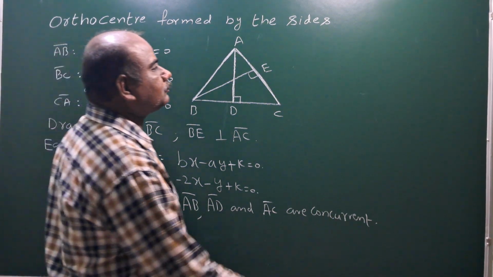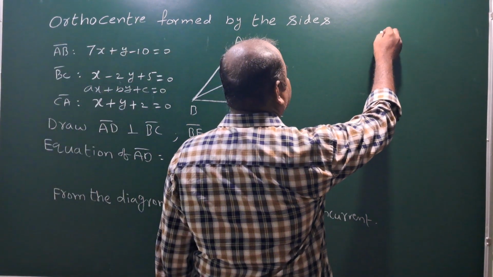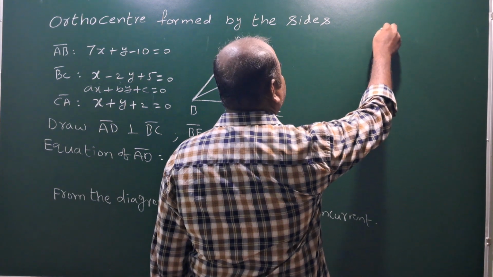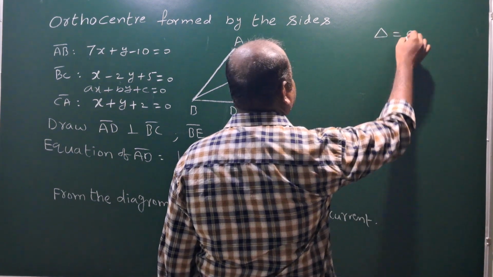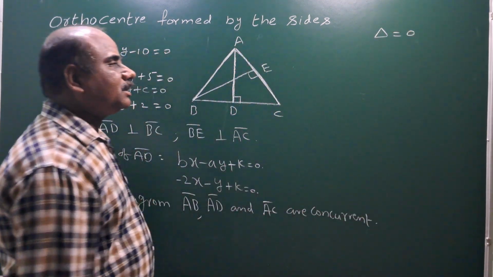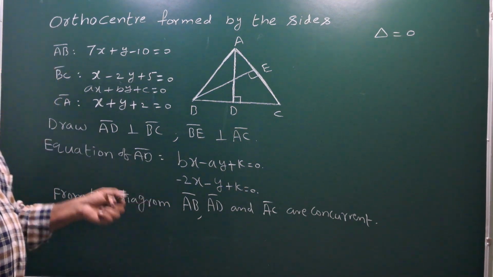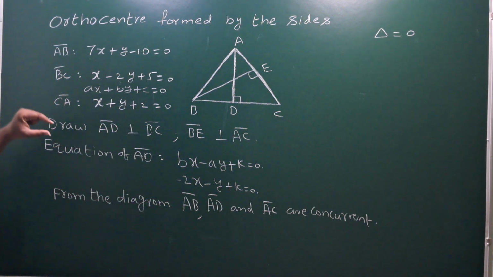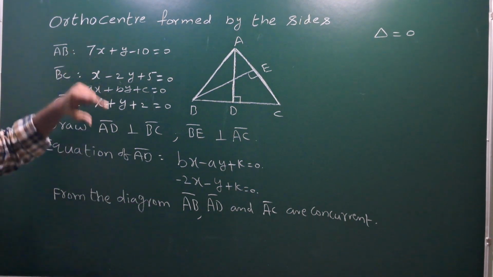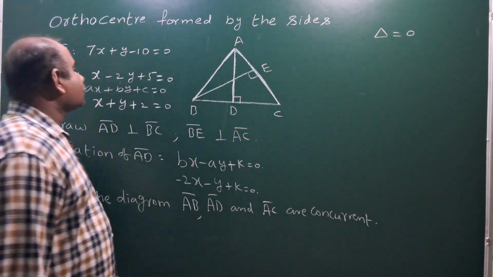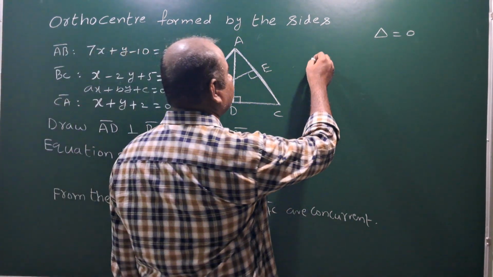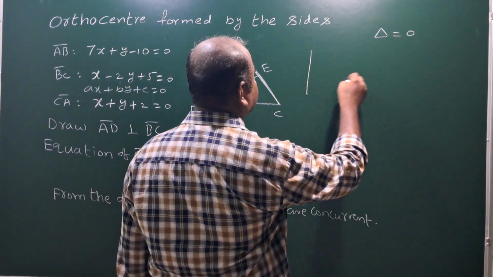Therefore the determinant formed by the coefficients of the three equations must be equal to 0. Delta is the determinant formed by the coefficients of the x term, y term and constant term. Let us see how to write the determinant of these three equations.